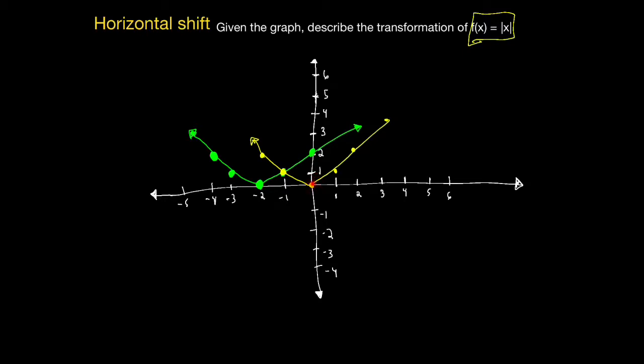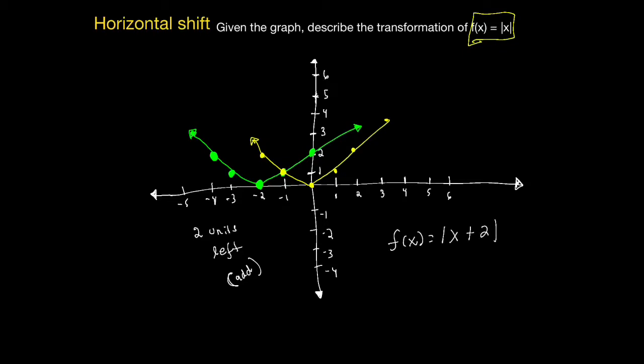Here it moved to the left 1, 2 units. So if we move to the left, we know that we're going to have to add. So here we're going to have f of x equals the absolute value of x plus 2.